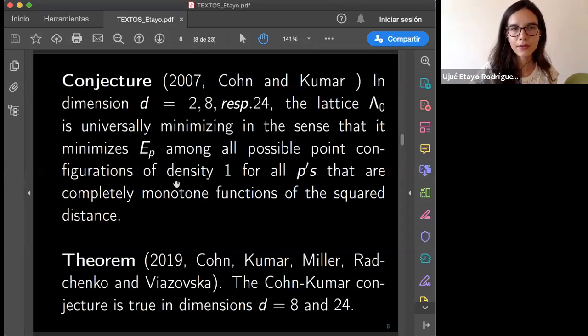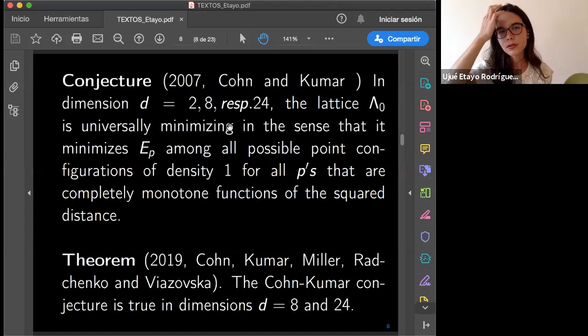All right, so that was a conjecture open since 2007. And last year, it was proved for the cases 8 and 24. So in dimension 8, yes, the E8 lattice is the minimizer.